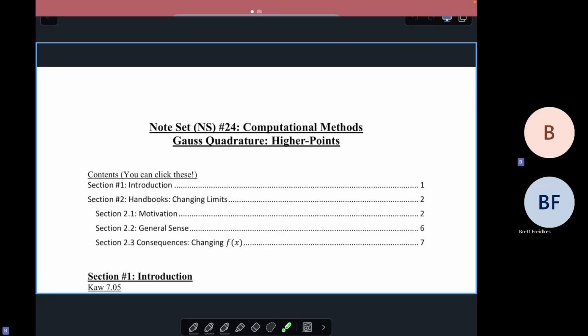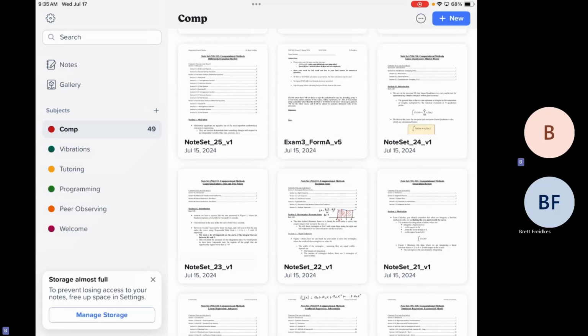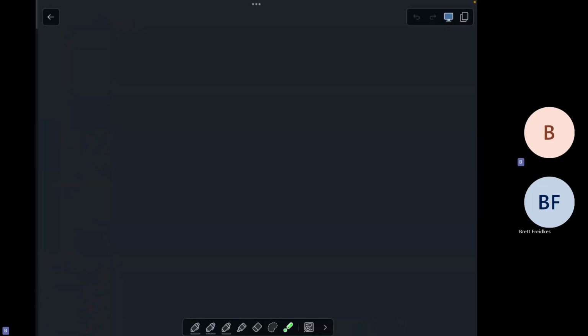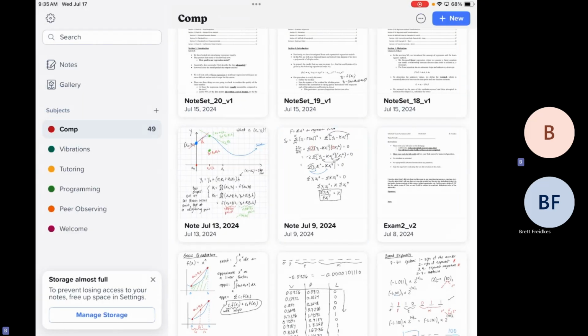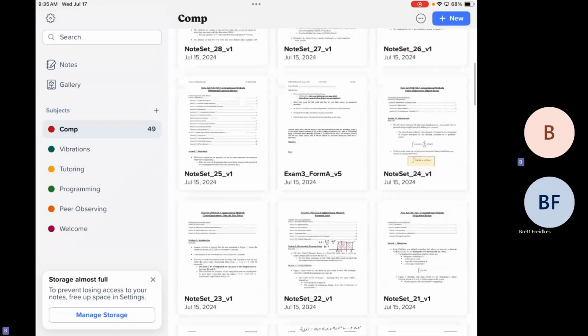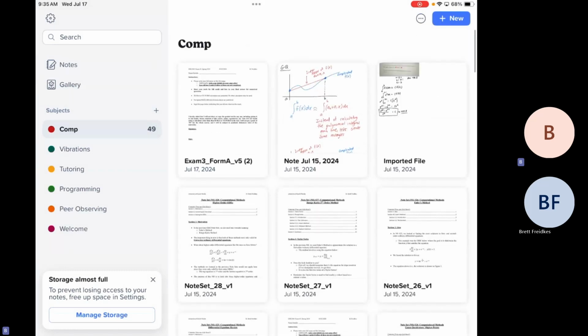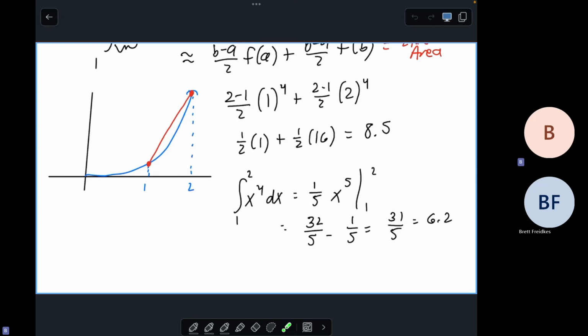Hi. So let's continue reviewing. The last time that we talked on Monday, we went ahead and looked at Gauss Quadrature. The idea of Gauss Quadrature was to take a complicated shape and break it up into rectangles.